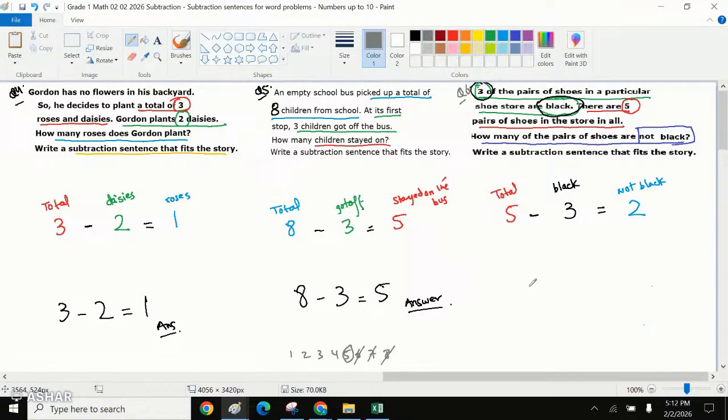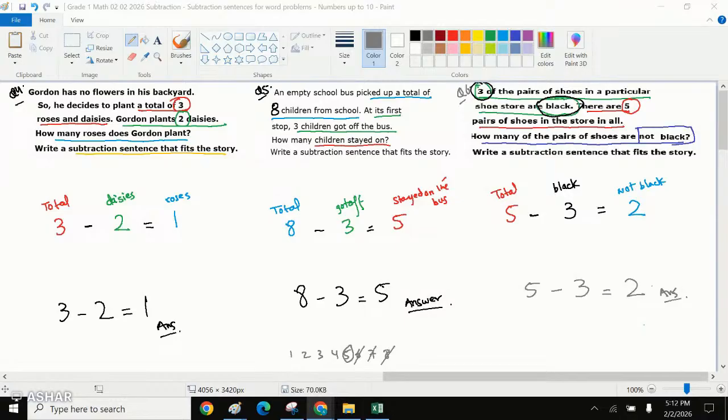And the final answer we can write as 5 minus 3 equals 2. This is our subtraction sentence for this particular story. Agreed? Okay. Moving ahead to the next question.